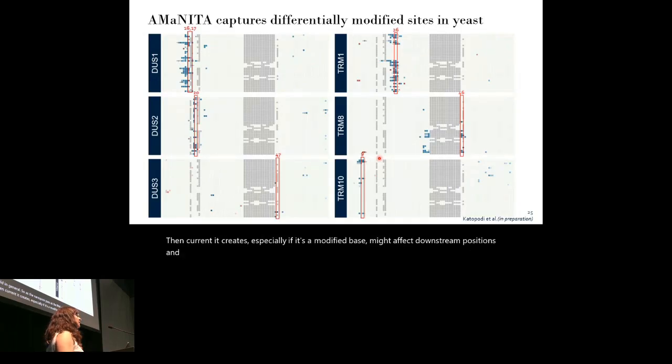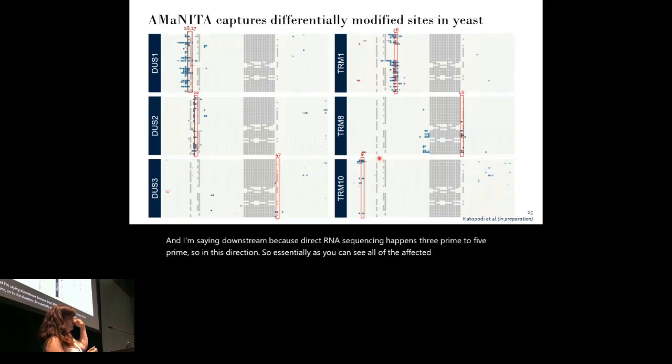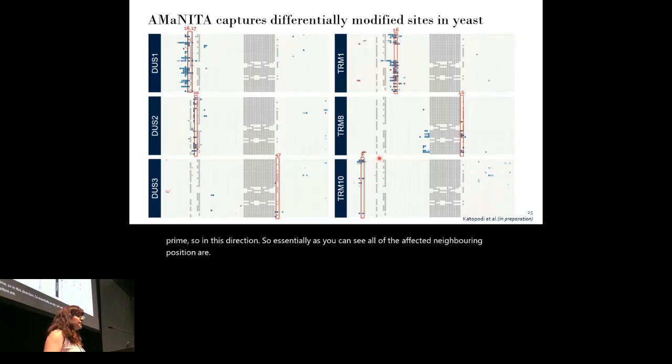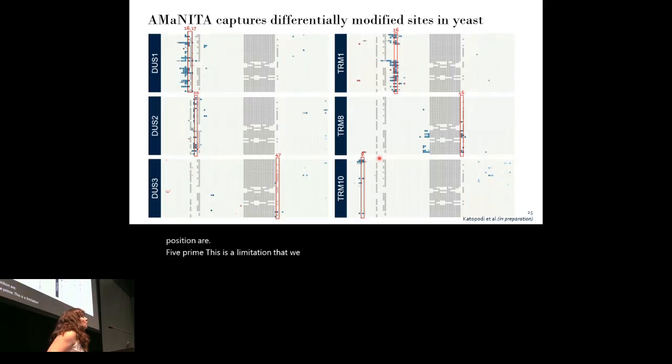And I'm saying downstream because direct RNA sequencing happens 3' to 5', so in this direction. So essentially, as you can see, all of the affected neighboring positions are 5'. This is a limitation that we have to have in mind when we are analyzing this type of data. However, this is the best that we've currently got in the field.